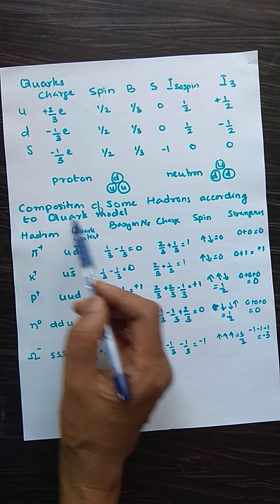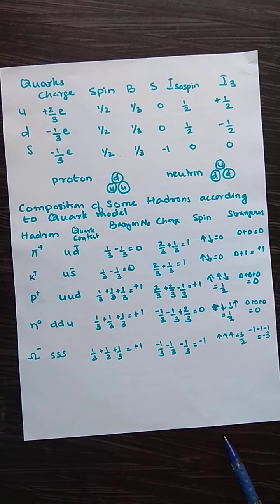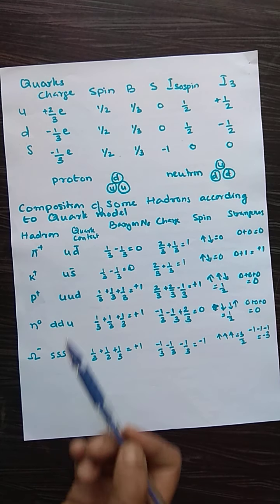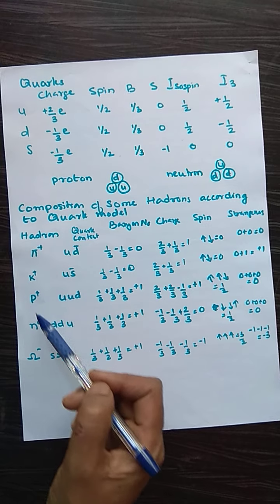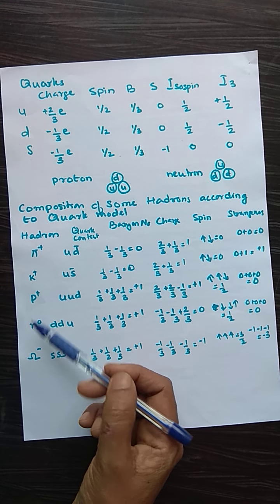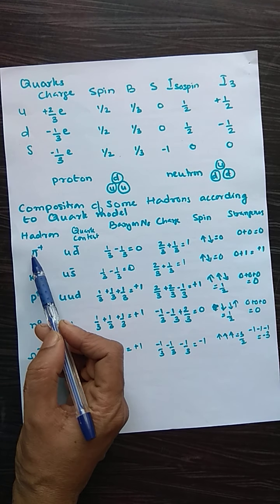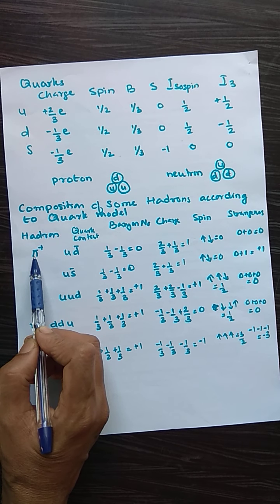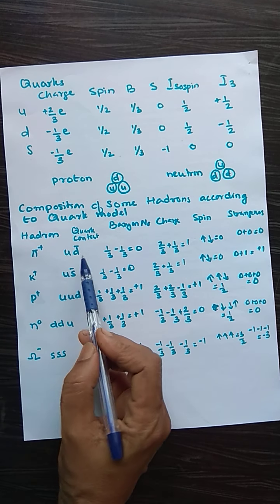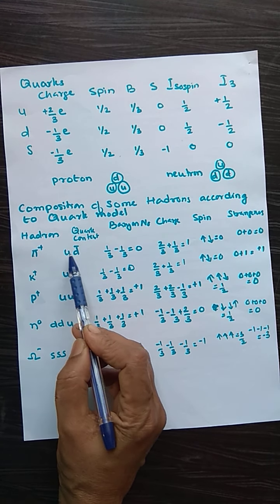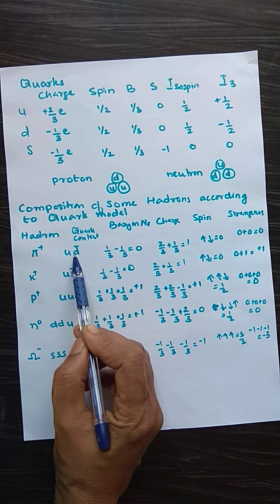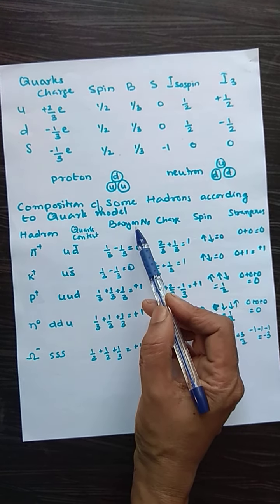Now let us look at the composition of some hadrons according to the quark model. Hadrons consist of mesons and baryons. So let us look at a pi plus meson. A meson will consist of a quark and an anti-quark, a U quark and an anti-D quark. Now let us look at the baryon number.